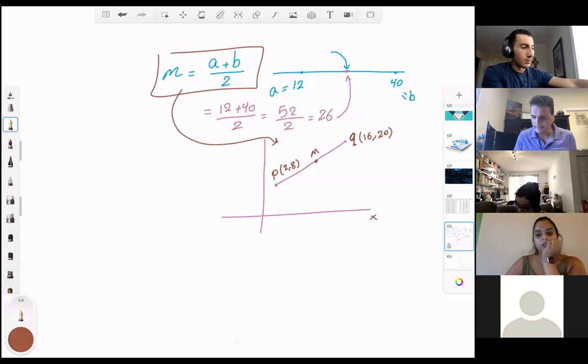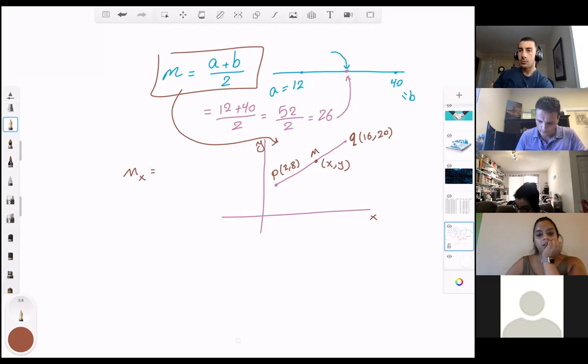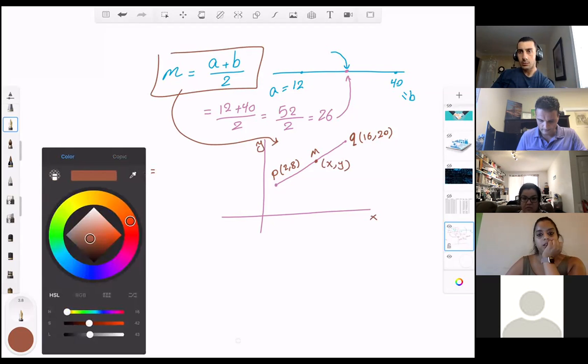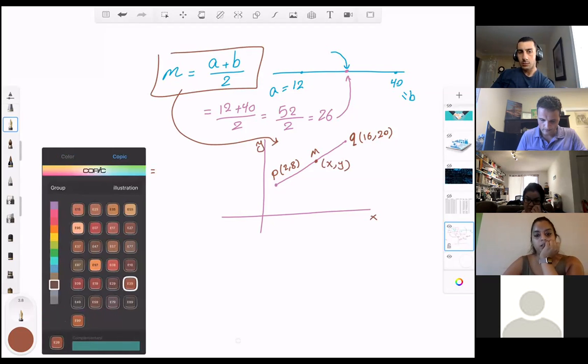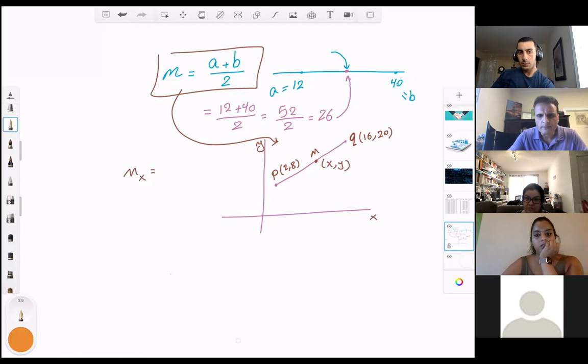So we know we are in x and y axis, so this m should have x and y. What is m of x? I mean, the point m, the value of x, we will add the x's divided by 2.